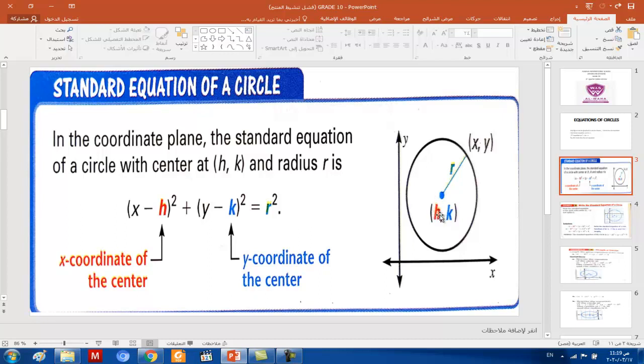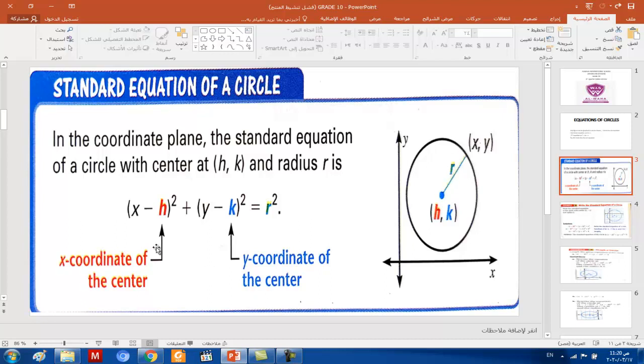So the x here is h and y here is k. And the radius is the line between the center point and any point on the circle. R is a radius, referring to the radius of the circle.